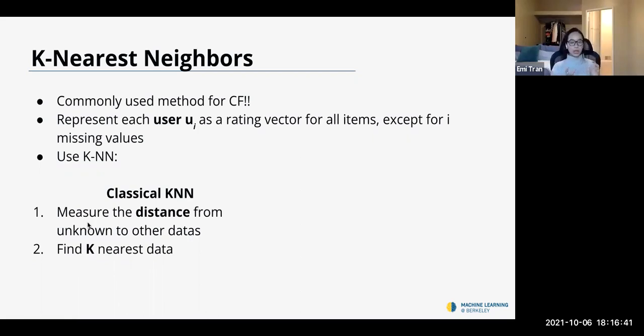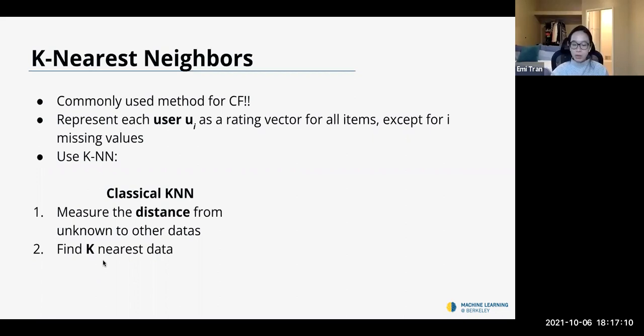You're trying to measure the K nearest neighbors, distance-wise, from the known. For example, I have an unknown point, and you're trying to find, for example, K equals 3 nearest neighbors. So I will determine my value from the 3 nearest neighbors around me.